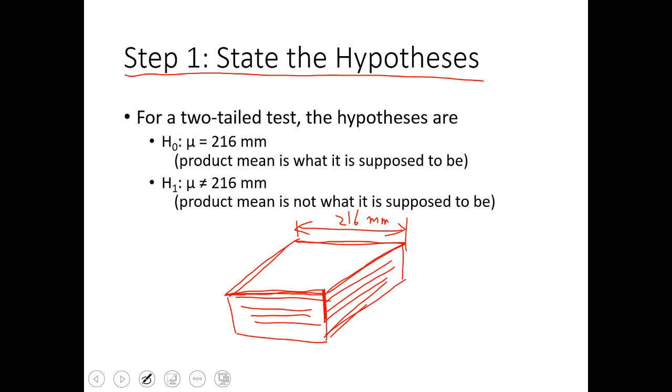In the previous example, we checked whether this width is greater than 216 or not. But in this example, we assume the null hypothesis is that mu is the same as 216 millimeter. So that is a two-tailed test. And the alternative hypothesis is that mu is not the same as 216 millimeter.